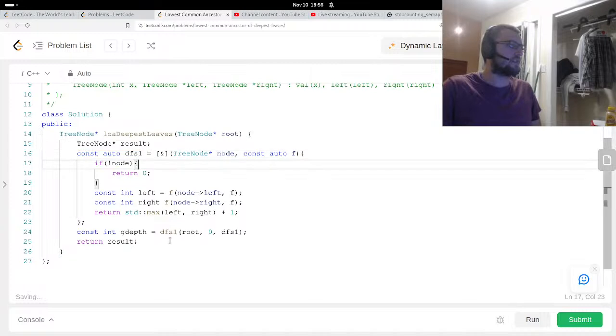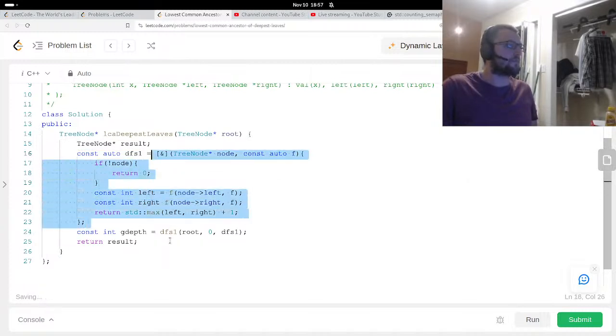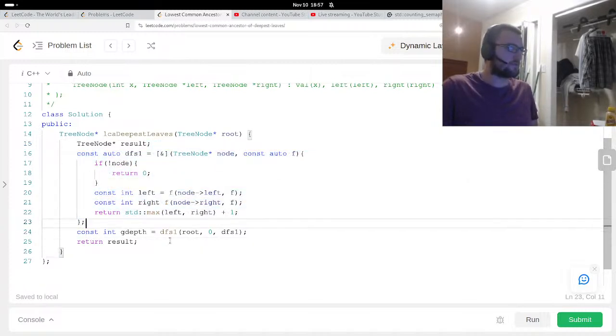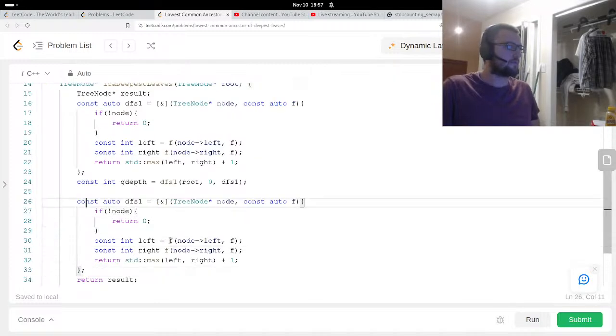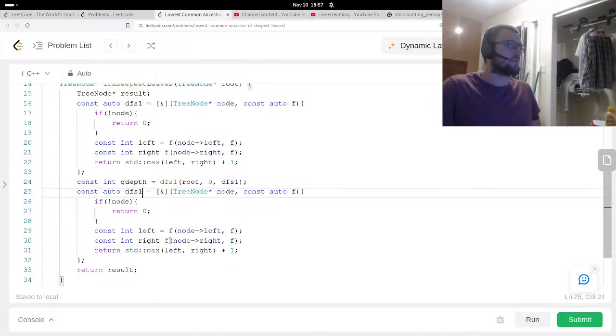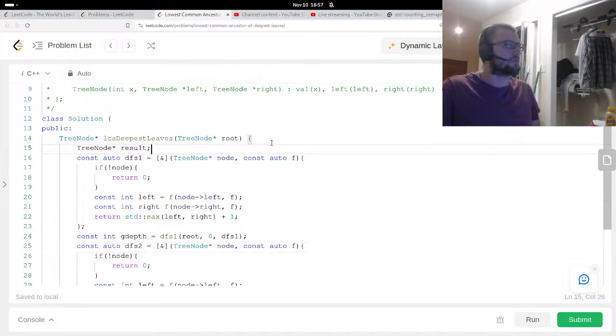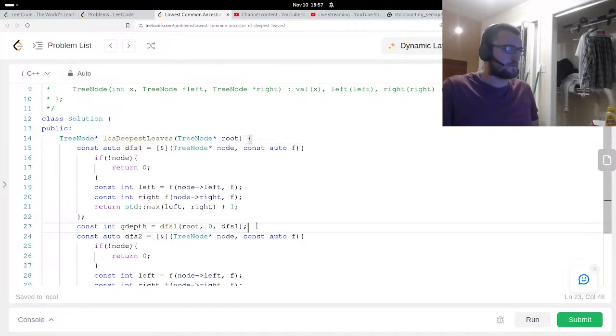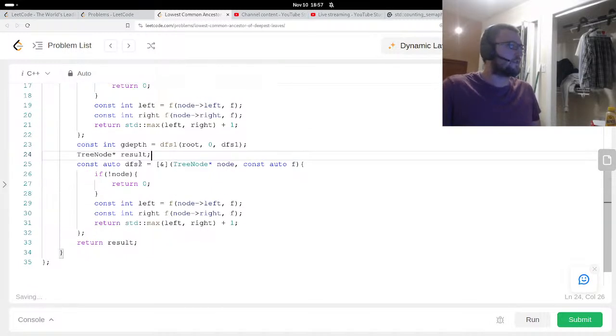Now DFS2 is a little more involved. This is going to say gdepth node, d is the current depth of the node.